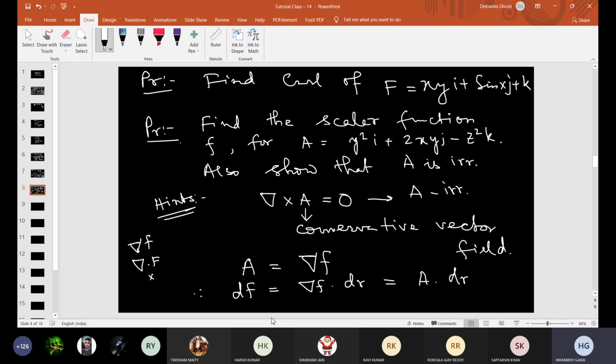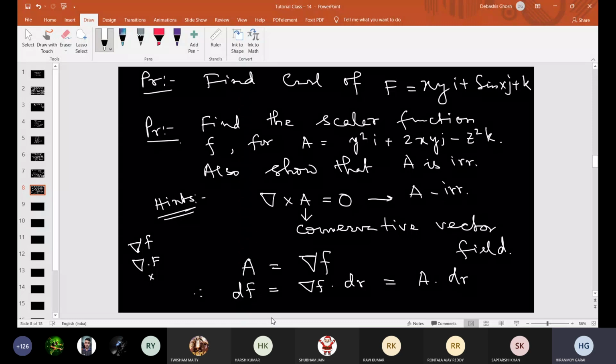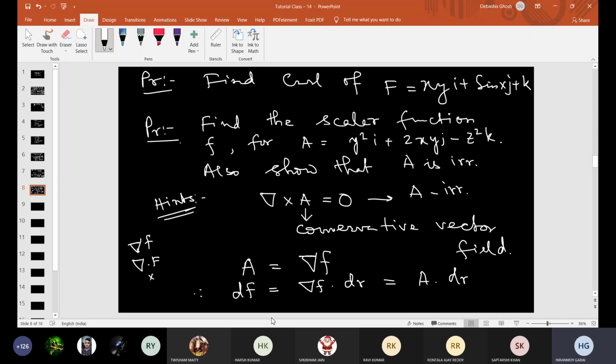But the gradient is always of a scalar valued function, because the gradient of any scalar valued function represents a vector, the direction normal to the surface at that particular point.